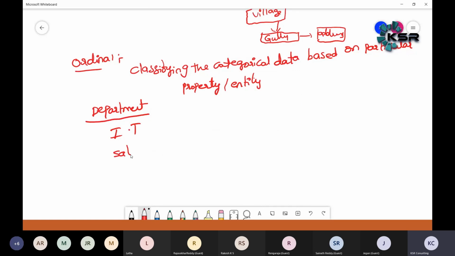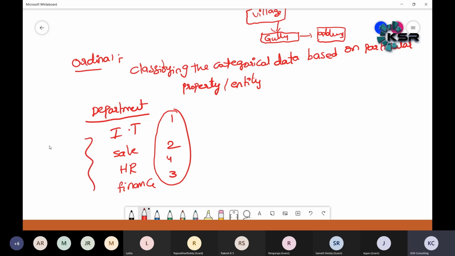We have departments like this in our office. Now, suppose I give a rank of 1, 2, 3, 4. How did you give the rank? Based on a particular property. What could be the particular property? Who is generating more business.